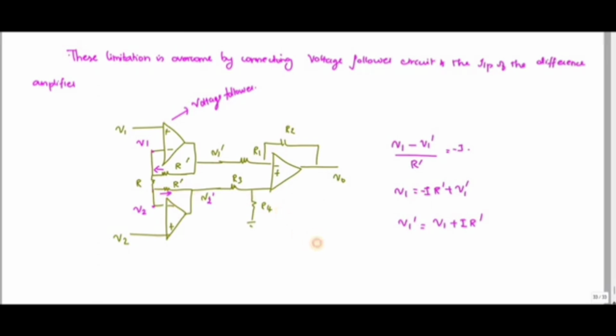So I can write (V2 minus V2 bar) by R dash is equal to I. So V2 bar is equal to V2 minus I R dash. Okay. So V2 dash is equal to minus I R dash plus V.